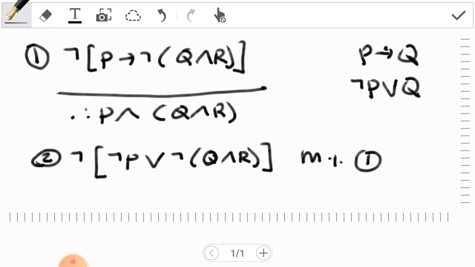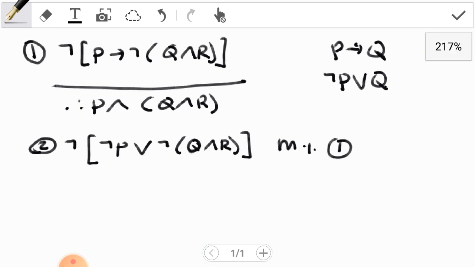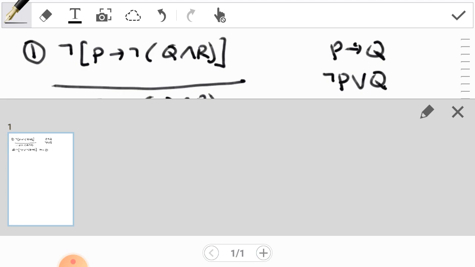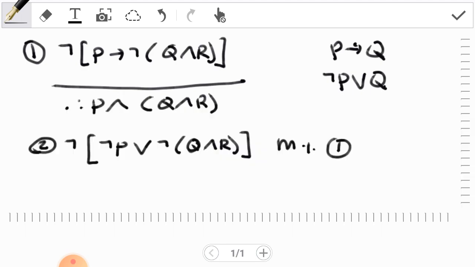So we have replaced our first proposition using material implication. Then, what else can we now do?